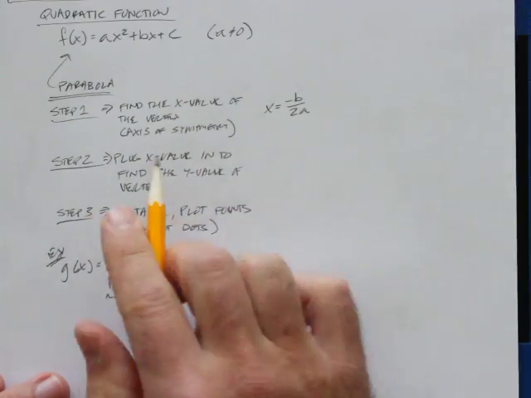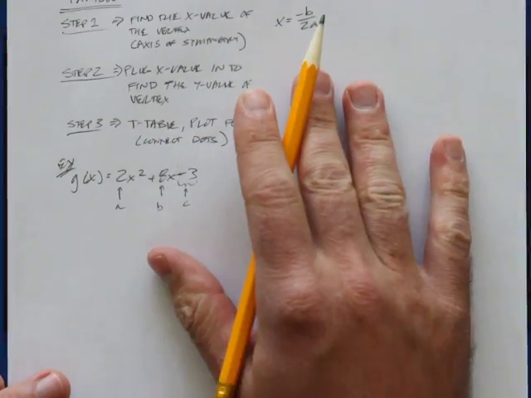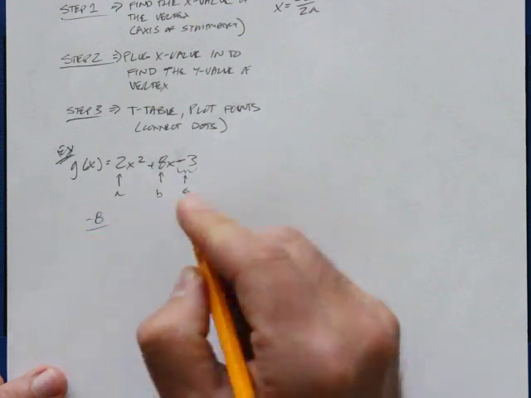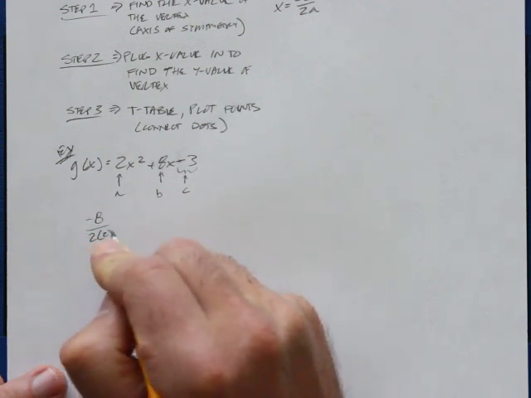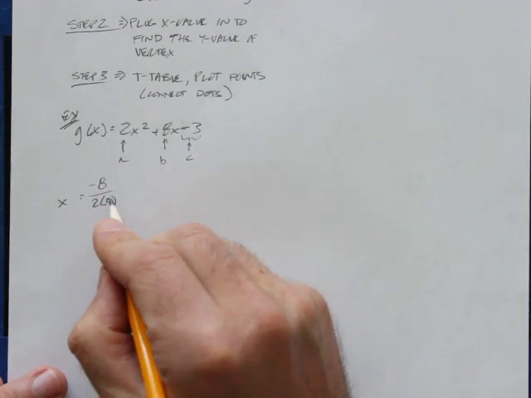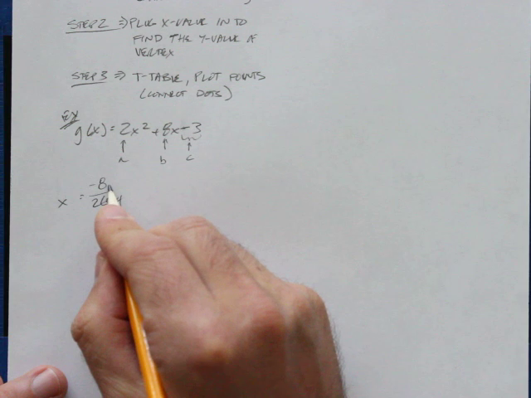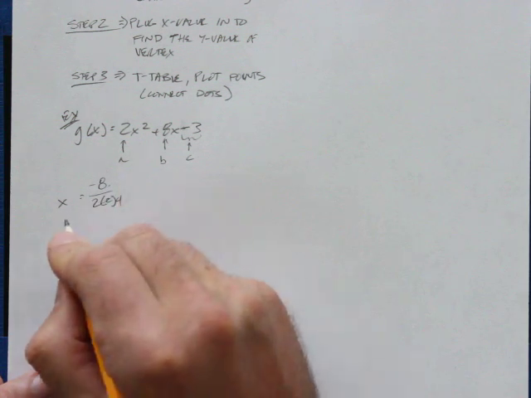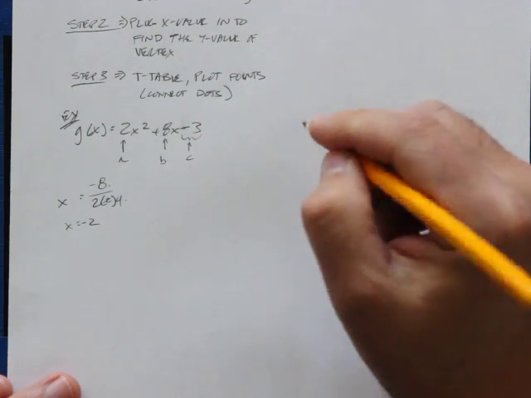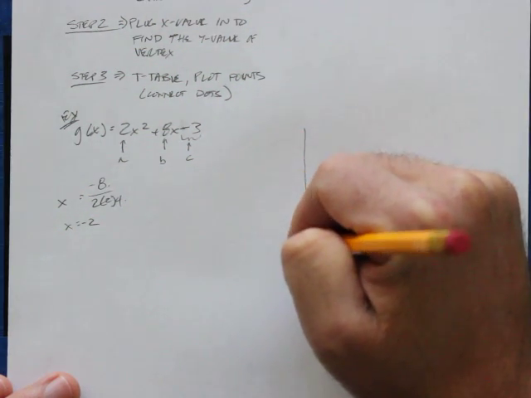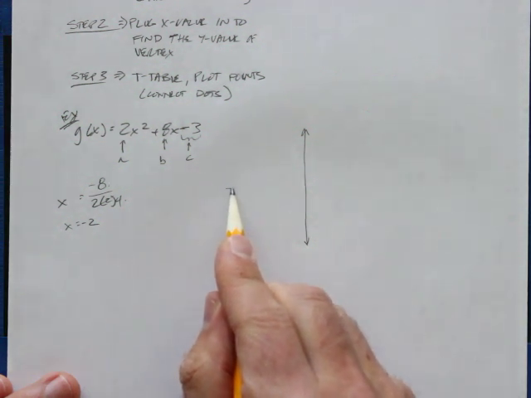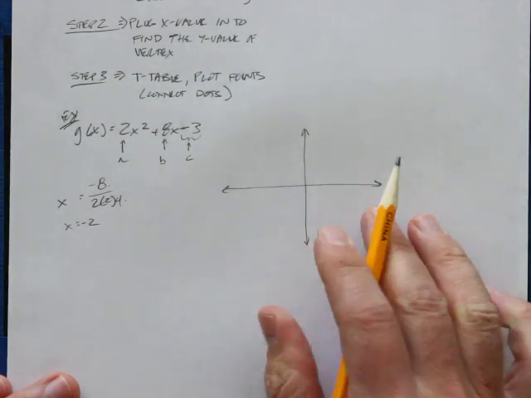So first, our step 1, negative b over 2a. So 8 is b, so negative b, which is negative 8, over 2 times 2, which is a. Say x equals that. And so 2 times 2 is 4. So negative 8 divided by 4 is negative 2. So x equals negative 2. That is our axis of symmetry, and negative 2 is the x value of our vertex.